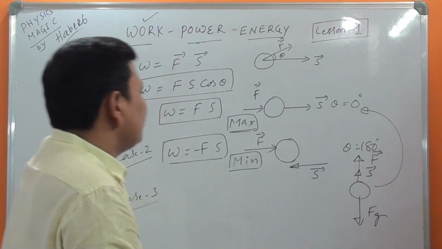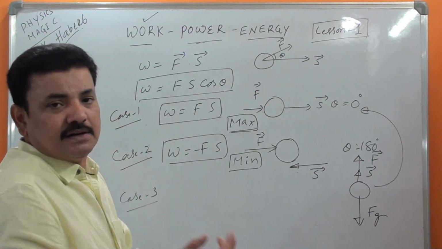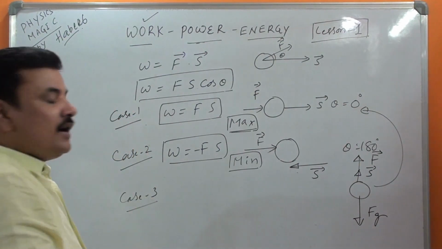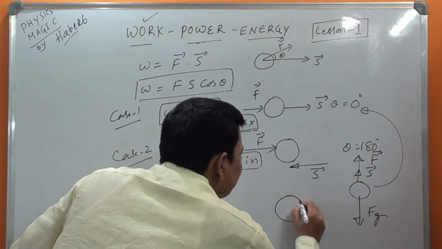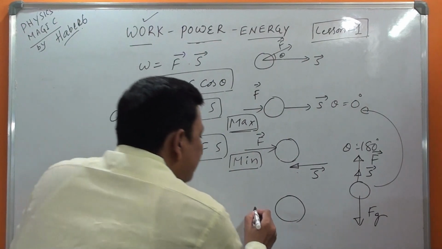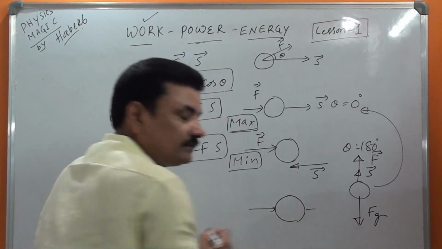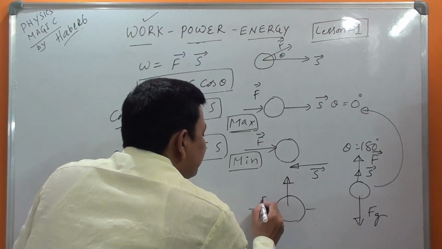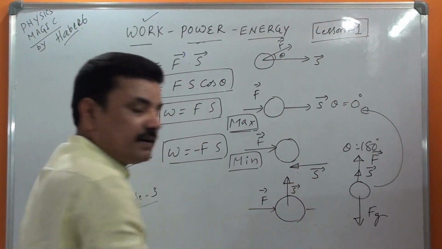Any such examples you can take when the situation comes, I'll explain. Then case 3, 0 work. What is happening here? Say for example, here is a body. You are applying the force like this, but the displacement is happening exactly perpendicular. Say for example, F bar and S bar.